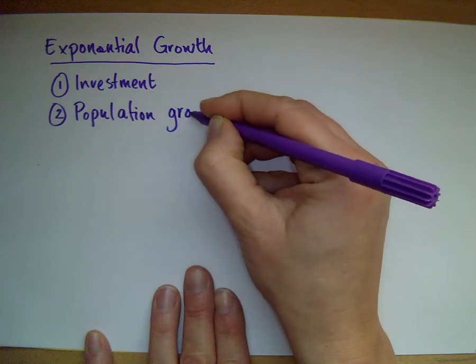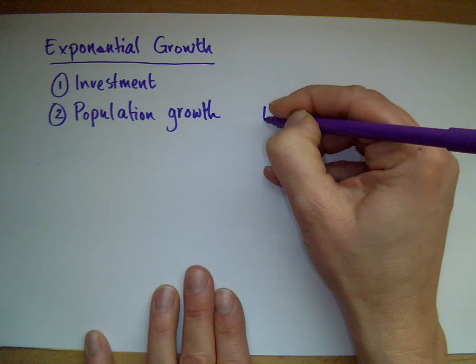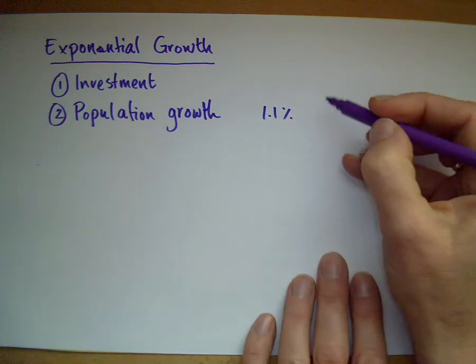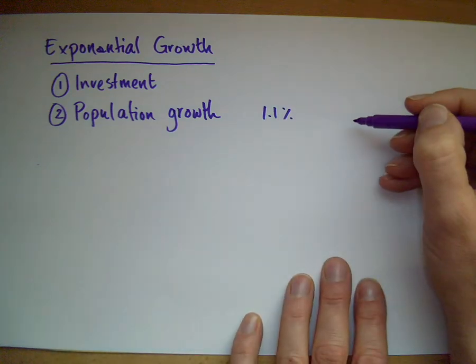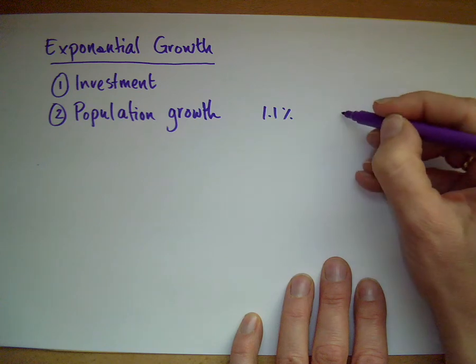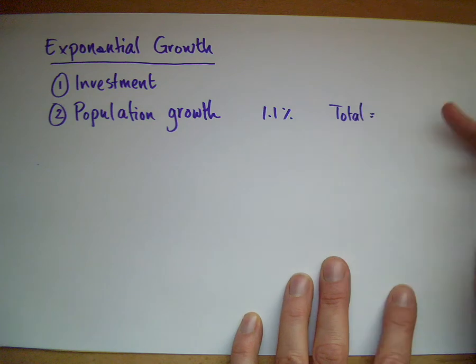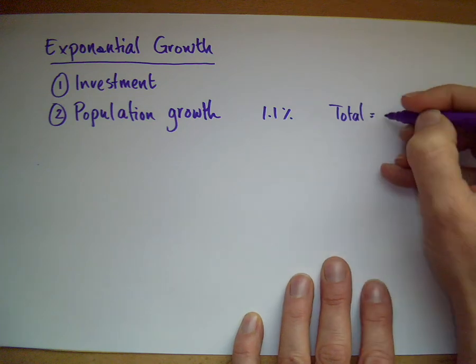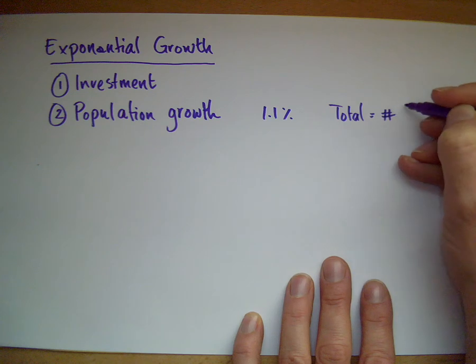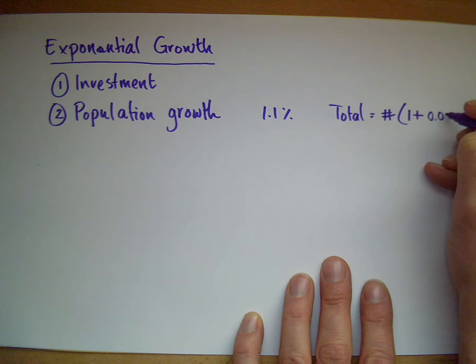Like the world's population is growing by 1.1% each year, which means that the total number of people on the planet is the current number of people times 1 plus 0.011 to the power of however many years you wait. Let's say we only wait 1 year.